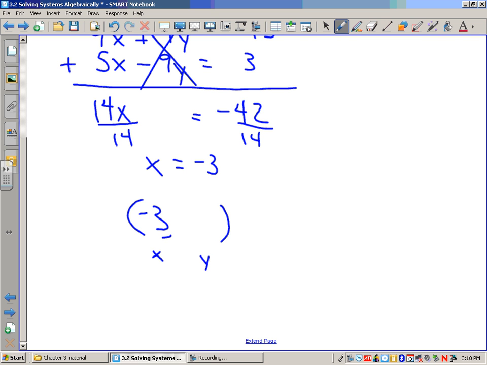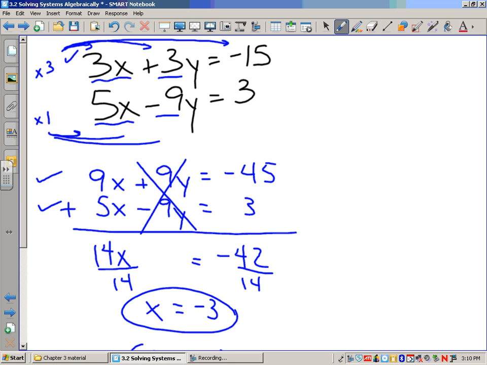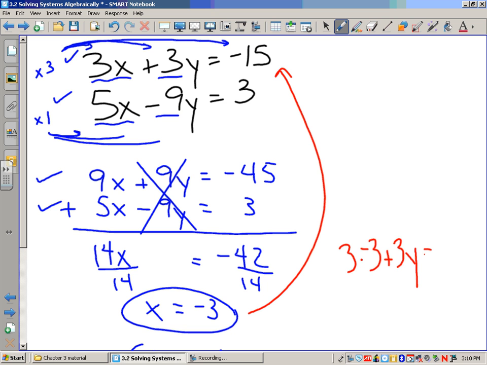Now, step number 4 says take this answer that you got and go to any equation. You could go here, you could go here, you could go here, you could go there. So let's just say I went and put it into the original equation. I'd have 3 times negative 3 plus 3 times y equals negative 15. Solve. Negative 9 plus 3y equals negative 15.